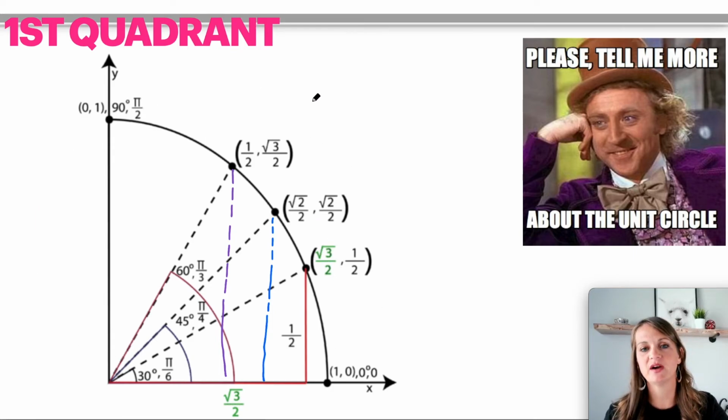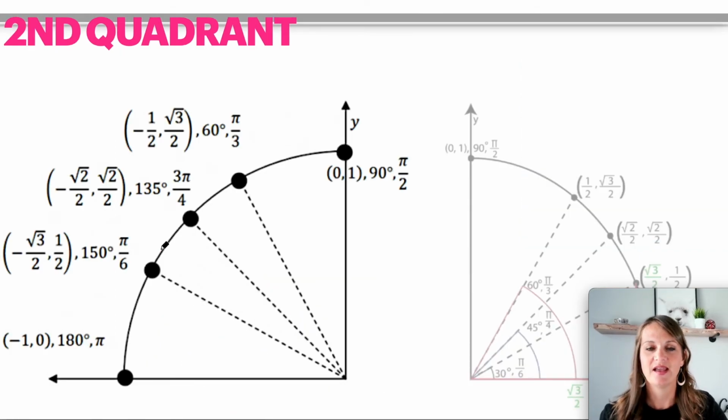If you can memorize just one quadrant, all the other quadrants actually reflect the first quadrant. So here, if this is 90 degrees, this is 120 degrees, 135, and 150, because a reference angle, 60-degree reference angle, 45-degree reference angle, 30-degree reference angle.